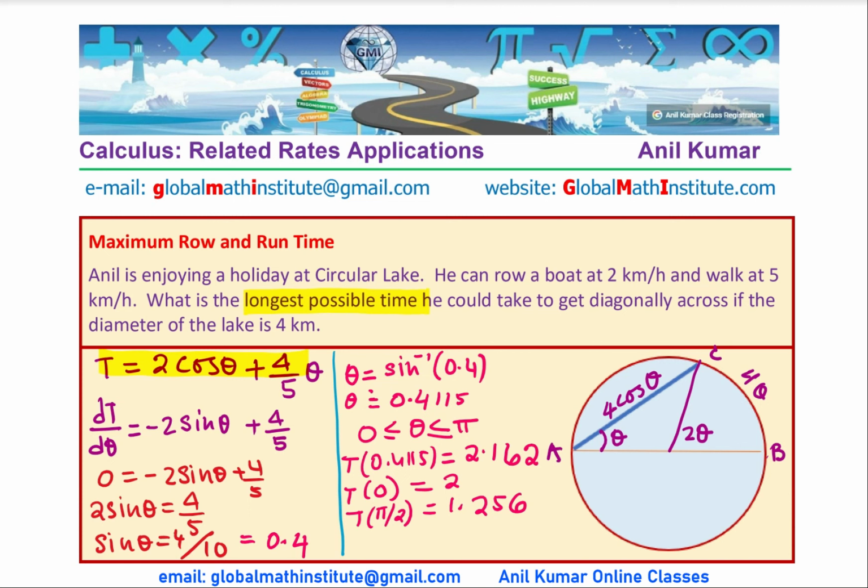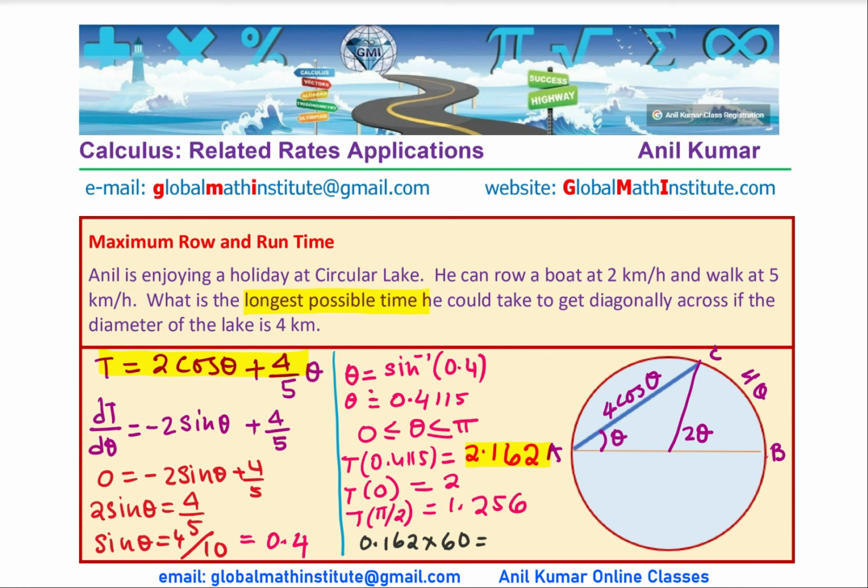So we have the maximum time as 2.16. So you can compare and see that the maximum time is 2.16 hours. Now, you need to convert this into hours and minutes, right? So what is this equal to? 0.162 times 60 will give us minutes.